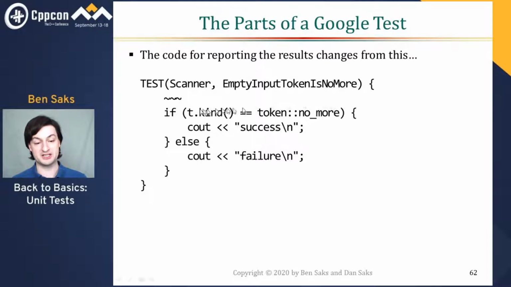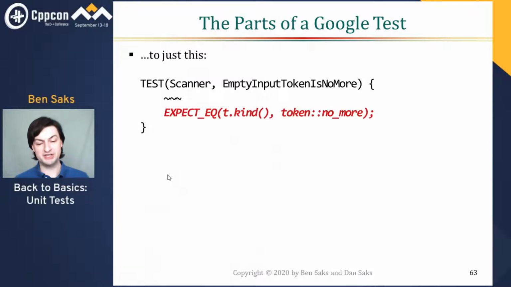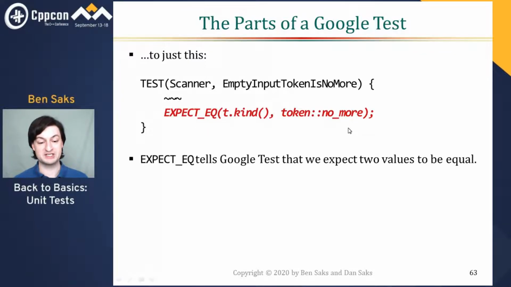Before we had this, where we wrote an if statement and then manually printed out something to see output, in Google Test, it looks just like this. There's another macro, EXPECT_EQ, that takes two values. What this is saying is we're informing Google Test that we expect these two values to compare equal to each other.